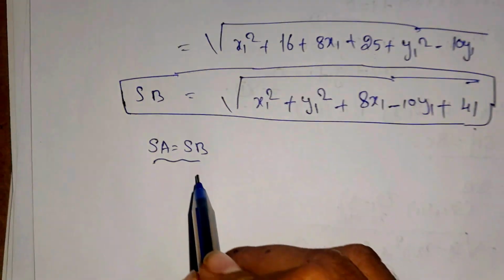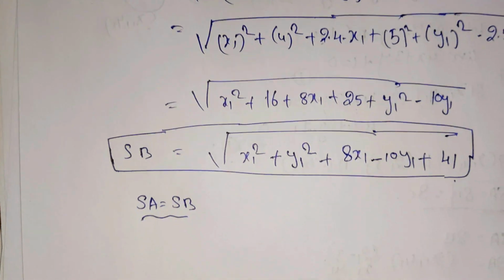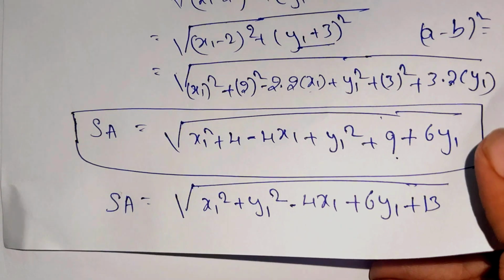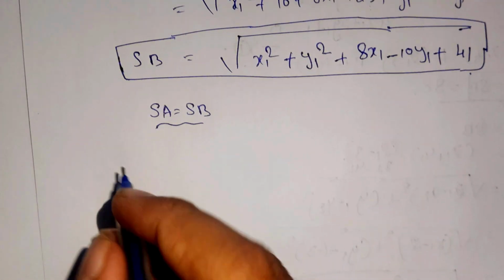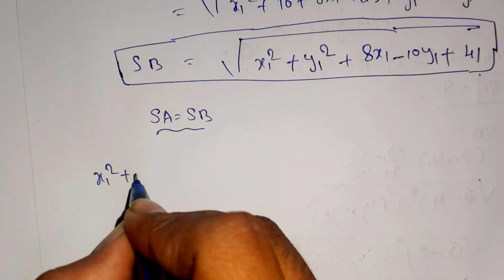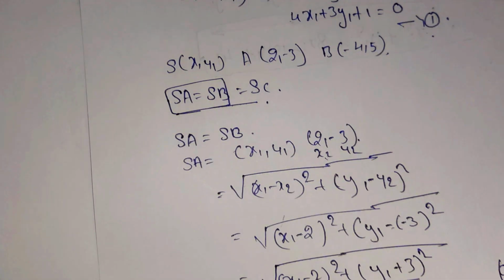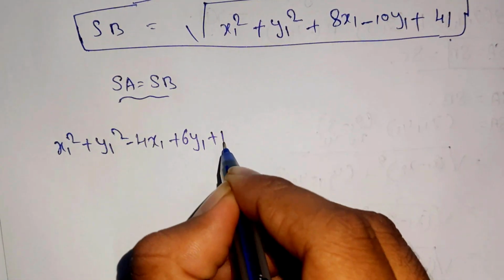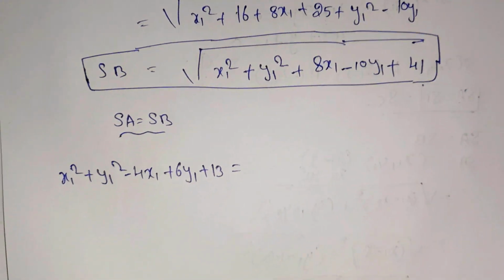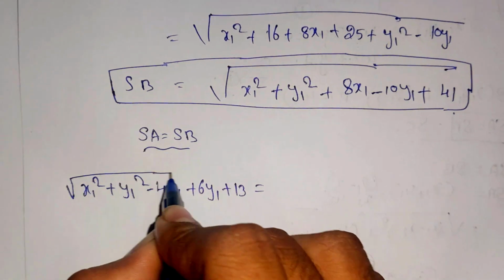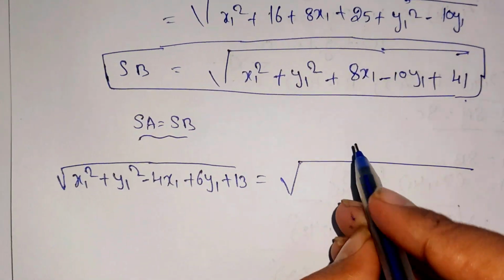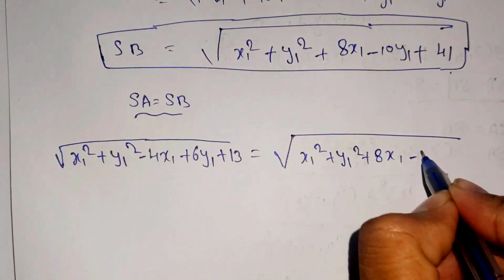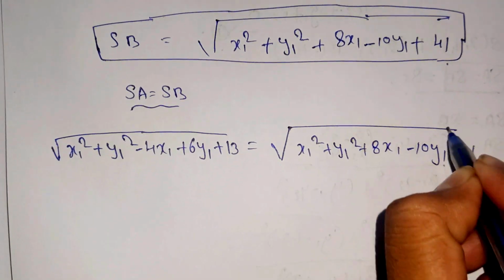Previously SA we have square root of x1 square plus y1 square minus 4x1 plus 6y1 plus 13, equal to what we have SB, square root of x1 square plus y1 square plus 8x1 minus 10y1 plus 41.